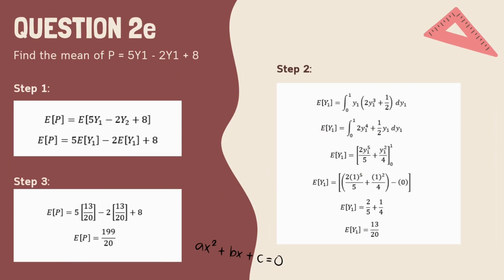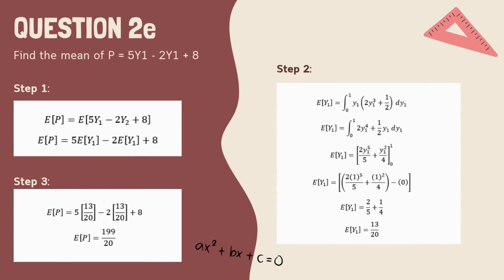Question 2e. Find the mean of P equals 5y1 minus 2y1 plus 8. First, we simplify the formula. We get 5E(y1) minus 2E(y1) plus 8. Next, we just need to calculate E(y1).